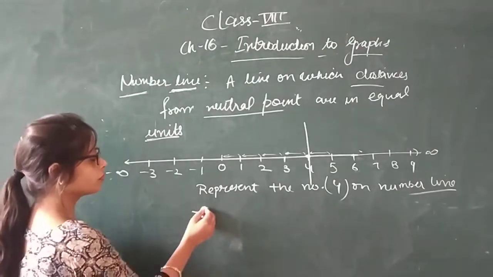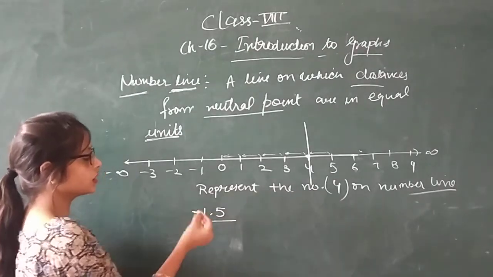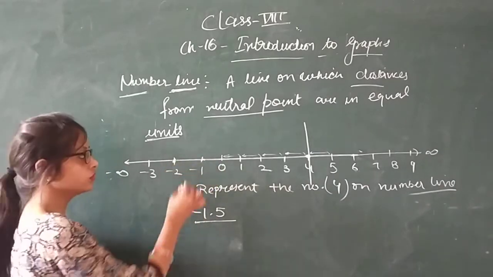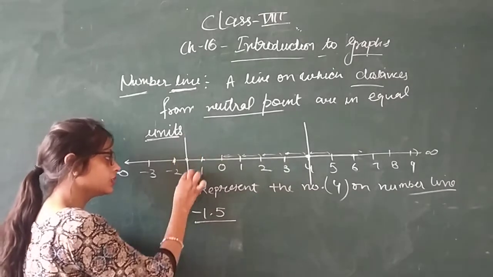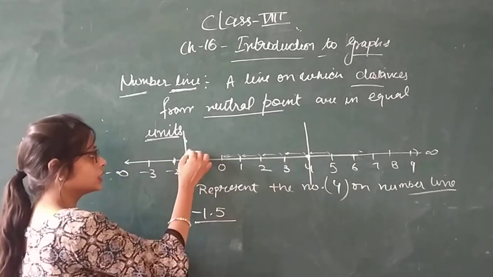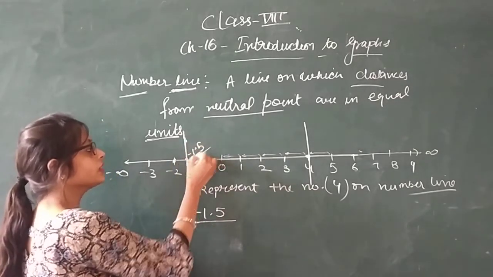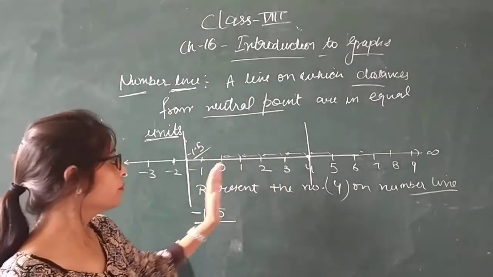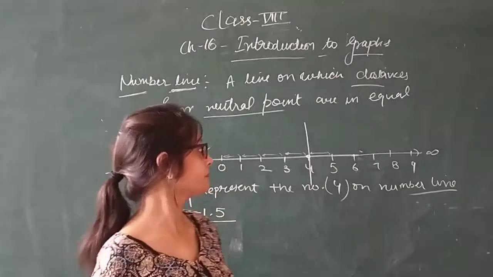If I talk about minus 1.5, it lies between minus 1 and minus 2, somewhere at that point. This is minus 1.5. So in this way, we can represent numbers on the number line.